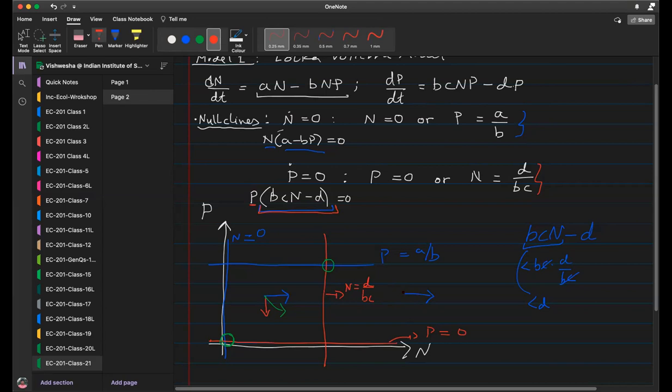You can just argue it has to be positive here, because now n is more than d by bc. So this will take the exact opposite sign. The first term will be greater than d, so this term will be positive, right? So here the predator is increasing and prey are also increasing. Therefore, the overall flow looks like this. Is that fine, everyone?